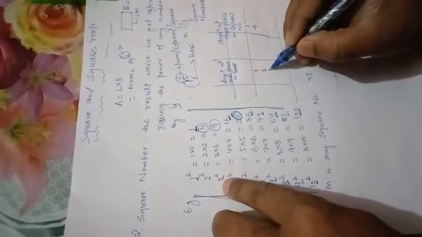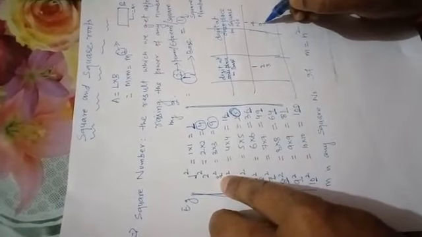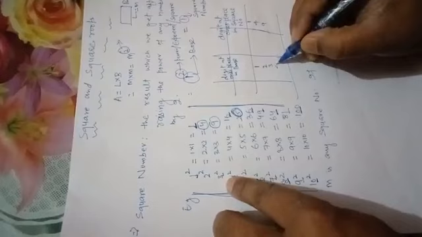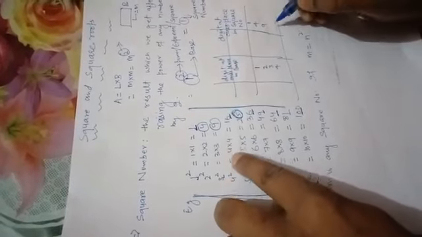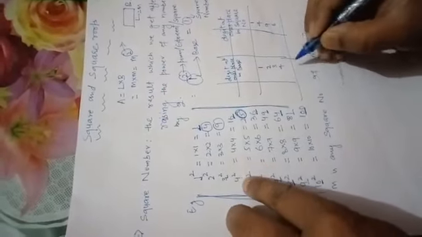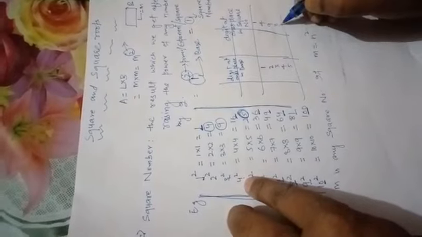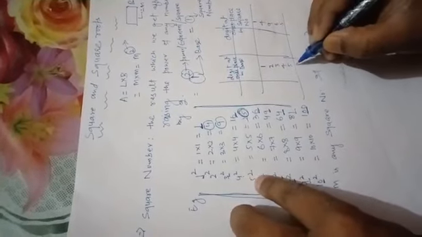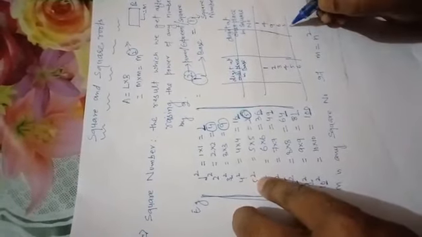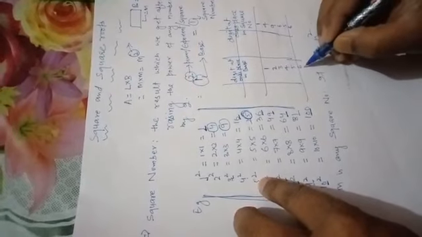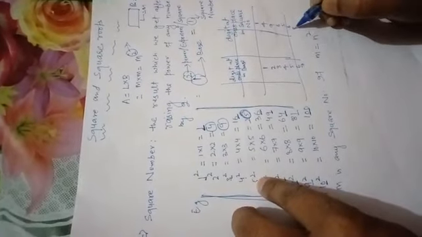When there is 3, we get 9. When there is 4, we get 6. When there is 5, we get 5. When there is 6, we get 6. When there is 7, we get 9.